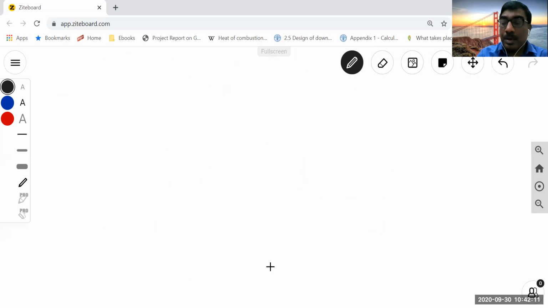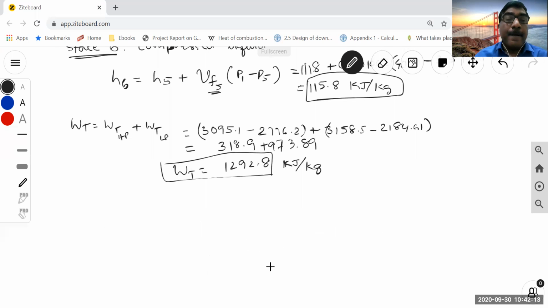Now, what is the heat supply? Q in is equal to Q in 1 plus Q in 2. This is reheat.